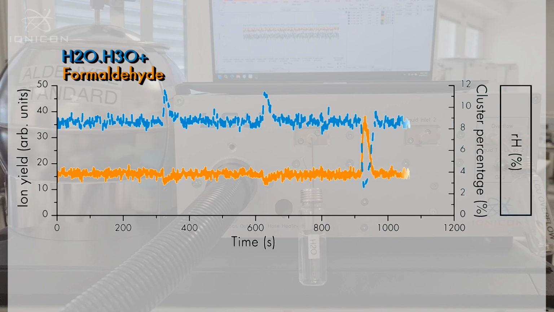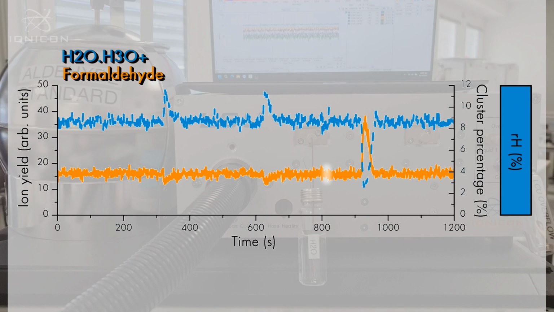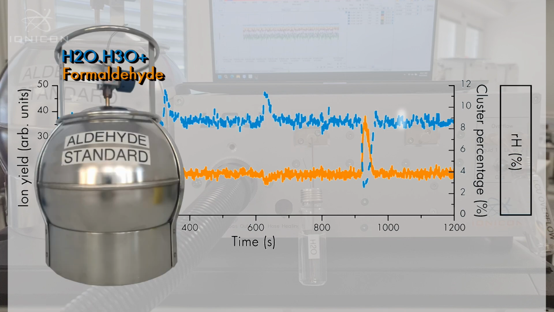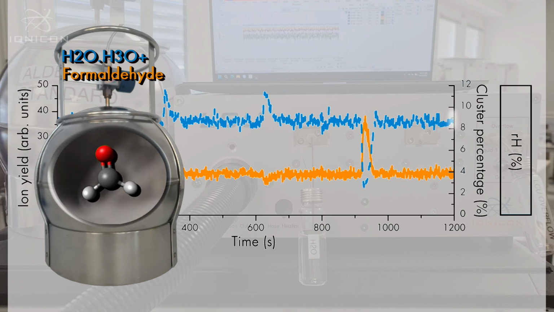And finally, the humidity supply is turned off. We now see that despite the varying humidity, the formaldehyde signal remains constant. So we see that, via the controlled injection of water vapor into the reaction region, the humidity is kept constant throughout the analysis, independent of the sample gas constitution.